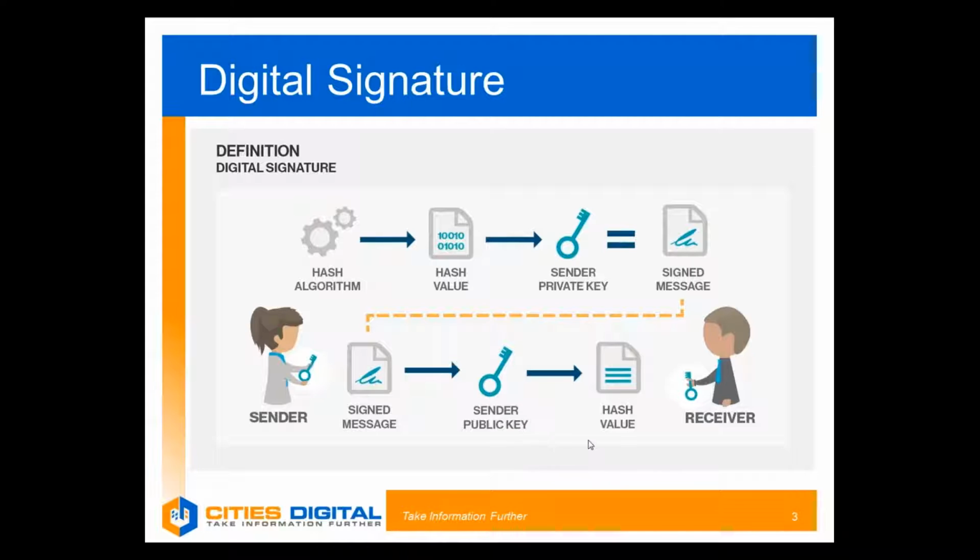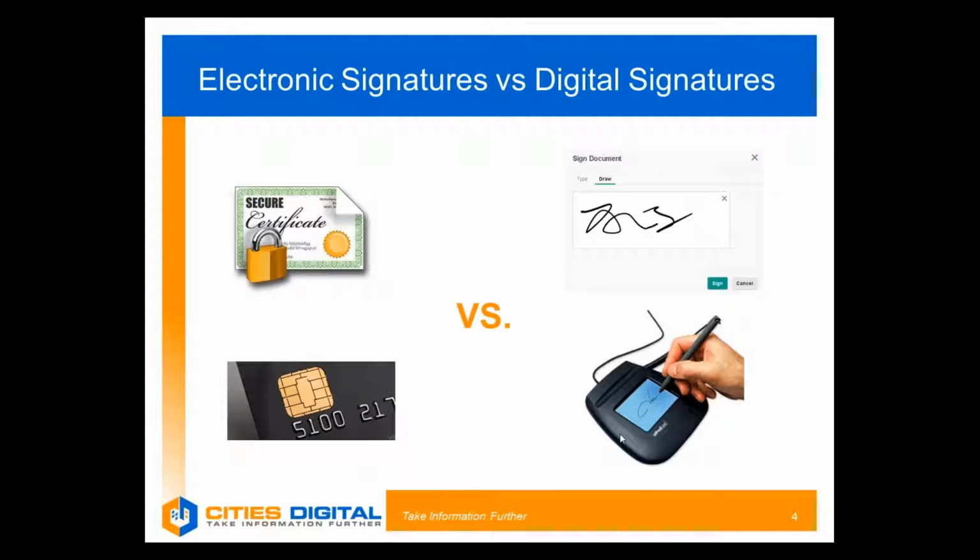This differs. Oh, sorry. So yeah, can you kind of contrast that with electronic signatures? Yes, thank you. So yeah, this is much different than what we think of as an electronic signature. As you can see here, on this screen, an electronic signature is literally an electronic version of your signature.